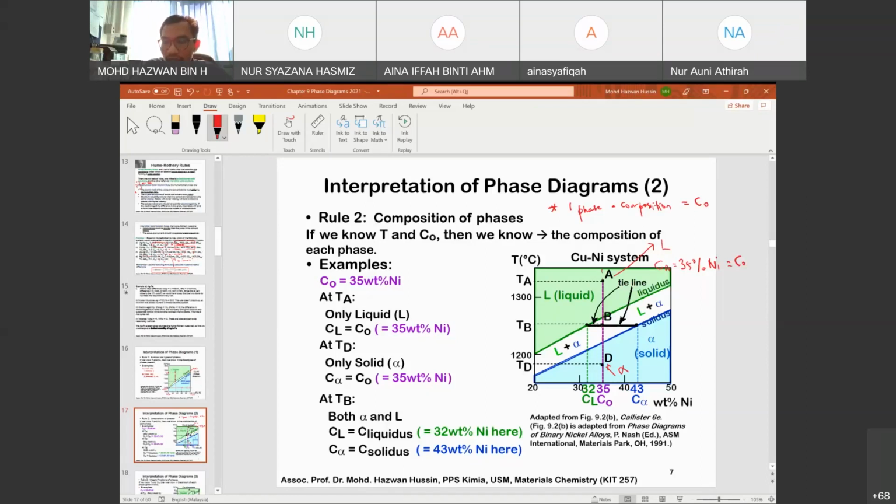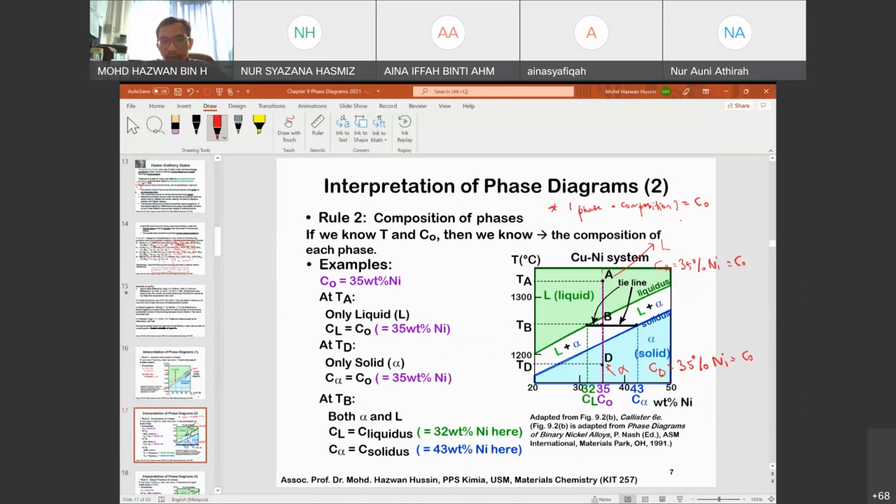Similar things: once you identify the phase, and since we detect that point D only has one phase, then the composition of D equals 35% of nickel. Still the same, because as I said, if you have one phase, then the composition will equal the initial composition.